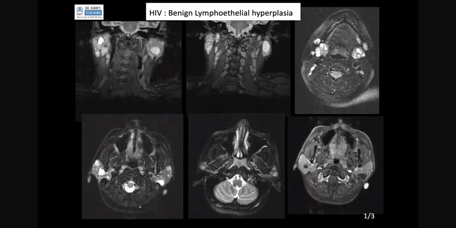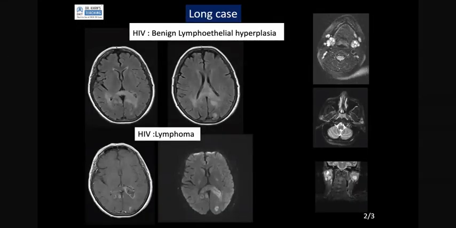You have to know this. And please remember again, long cases, etc., can be given. You might get this in your exam, and with that, a lymphoma of the brain, primary lymphoma. So you have to know that this happens in HIV.